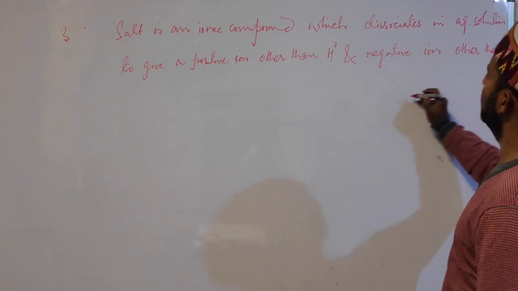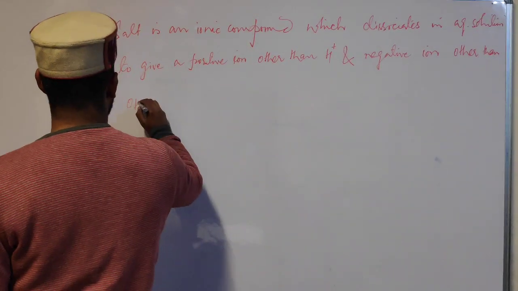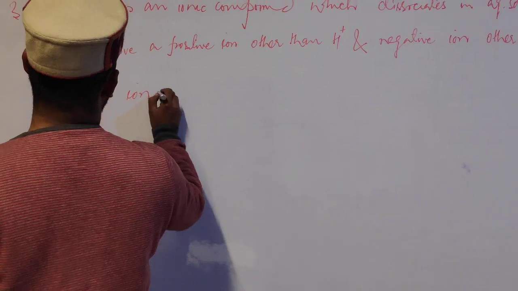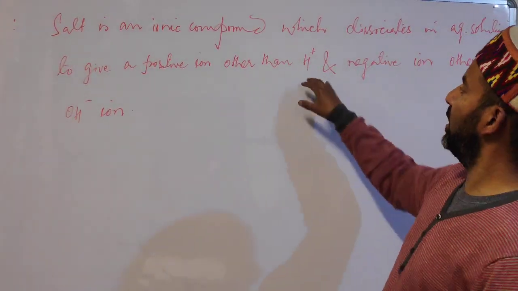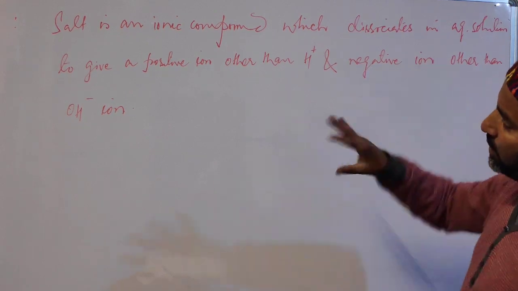Hydroxyl ion. So salt is an ionic compound which dissociates in water to give a positive ion other than H positive and a negative ion other than OH negative.